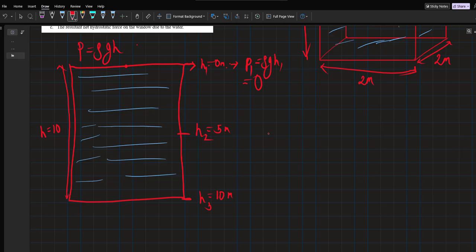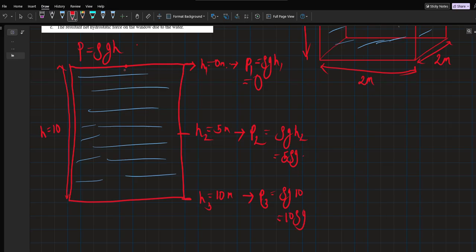The pressure at the middle, P2, is rho g h2, where h2 is 5, so it is 5 rho g. And at the bottom, P3 is rho g into 10, so it is 10 rho g.